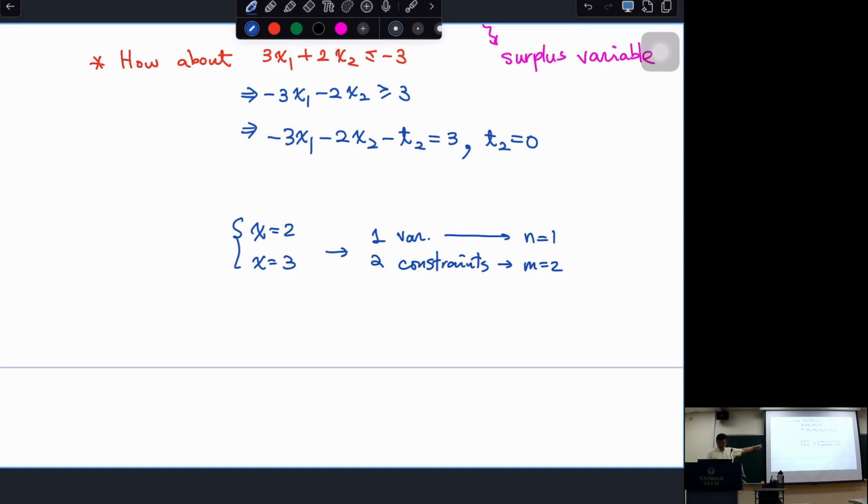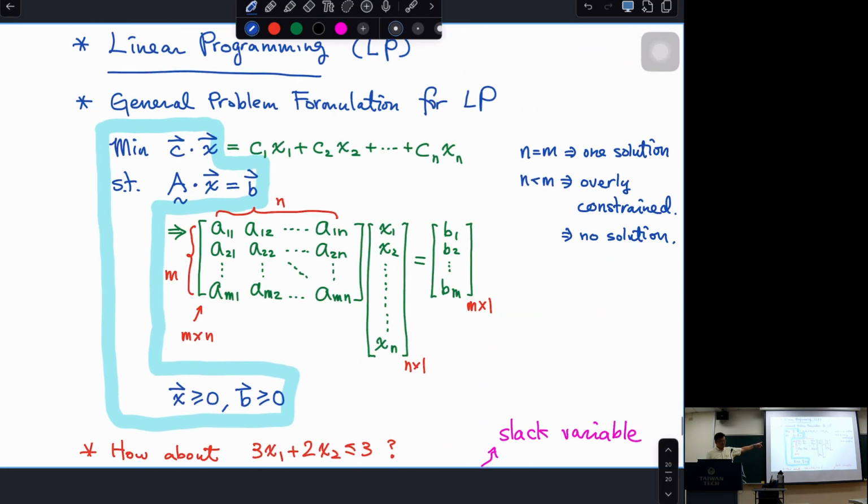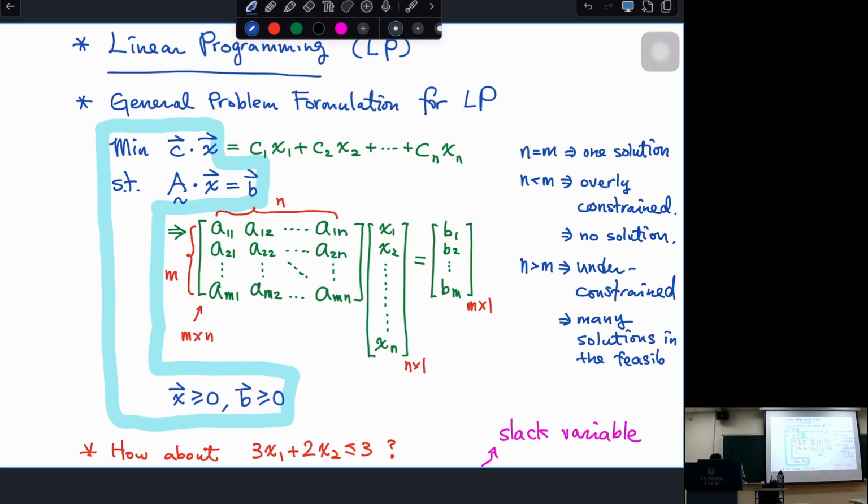There's no solution. So in this case, n is smaller than m. It's overly constrained. The other case, n is larger than m, is called under-constrained. And in this case, you have many solutions in the feasible space.